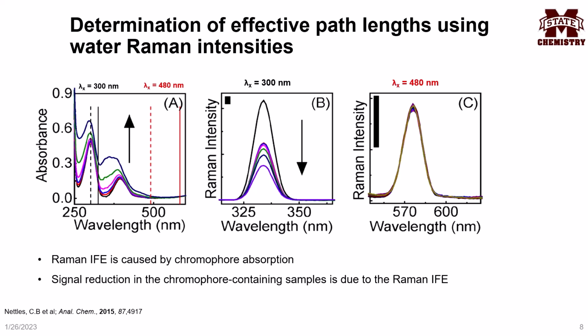As you can see, at 480 nanometers, the absorbance is concentration independent, since the chromophore does not absorb light at this wavelength. We can see that the water Raman intensity at a wavelength of 575 nanometers is also concentration independent. The drastic difference in water Raman intensity suggests that the inner filter effect is causing a reduction in the Raman intensity.